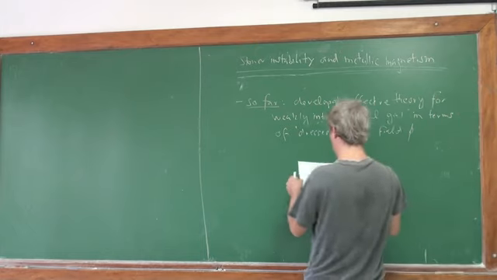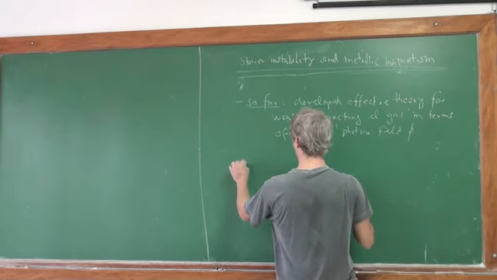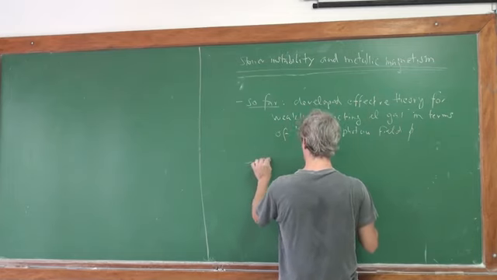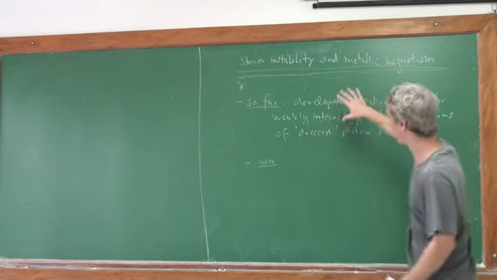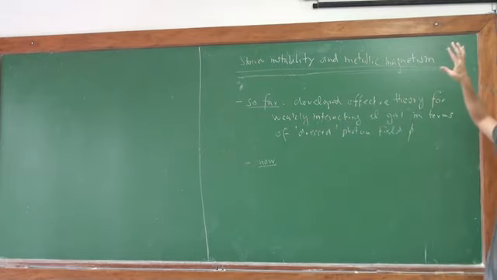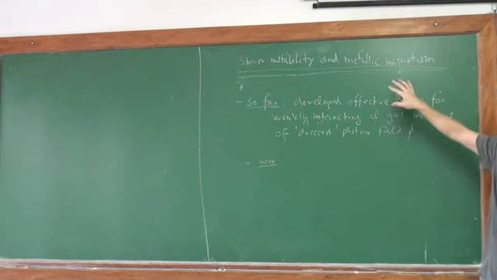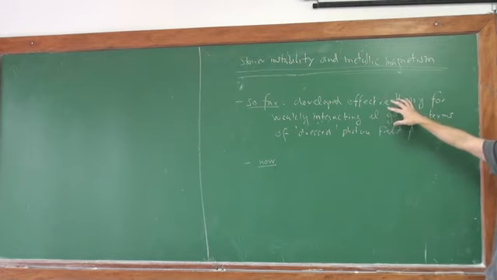So that's what we did so far, and this was based on the observation that diagrammatics can be organized in terms of these ring diagrams, loop diagrams or bubble diagrams, which amount to the RPA approximation.